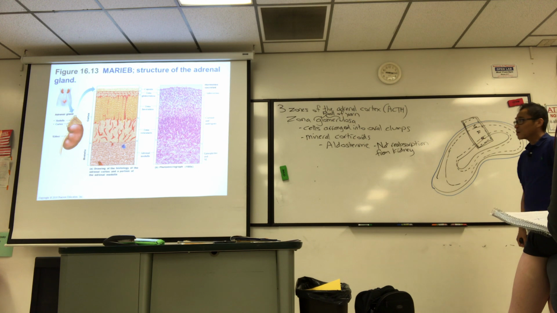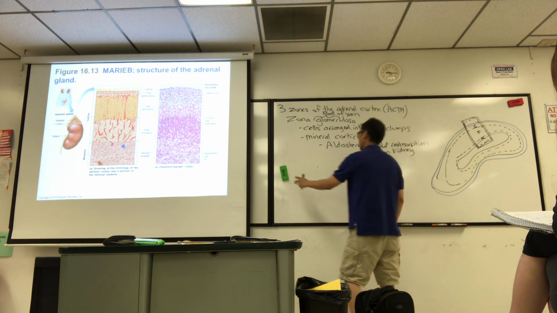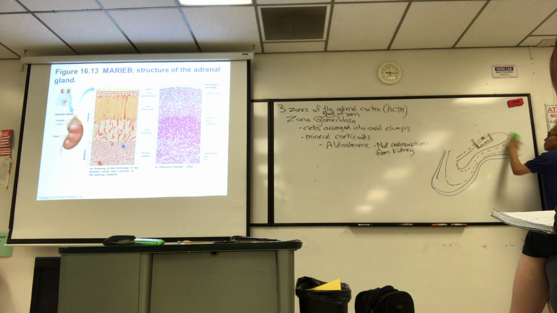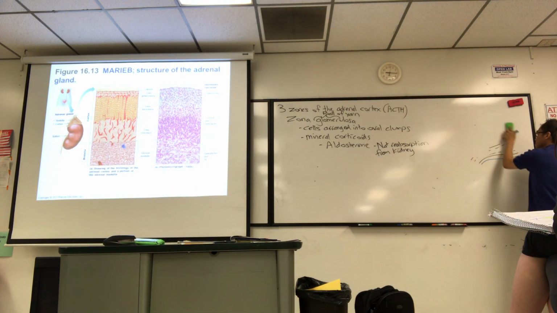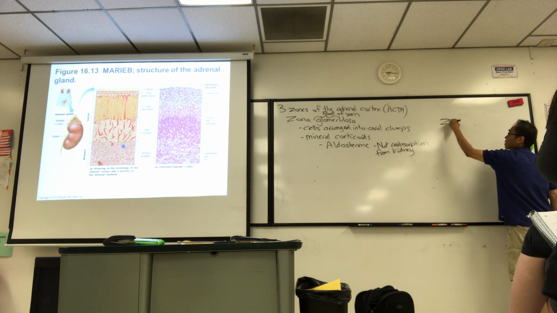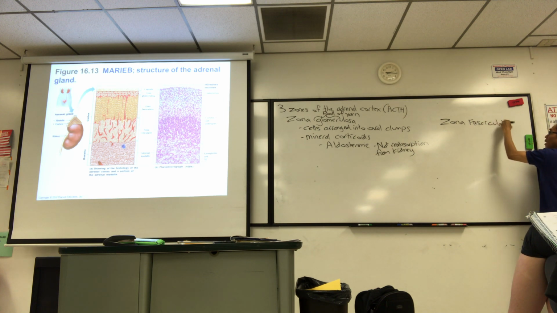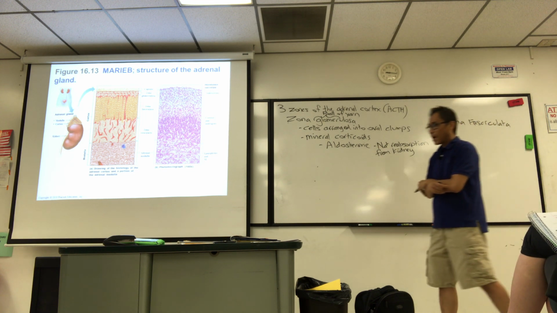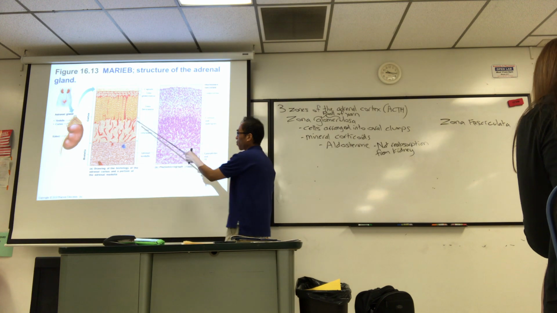The middle zone, the F, that's Zona fasciculata. Again, describe how the cells are arranged: these kind of vertical cords.